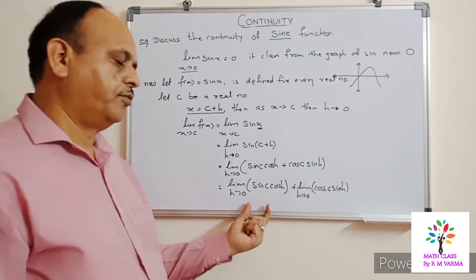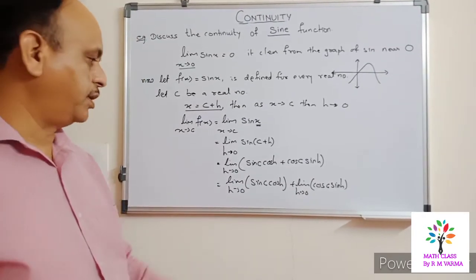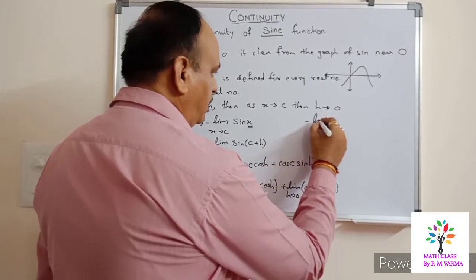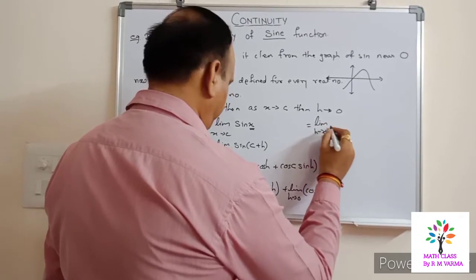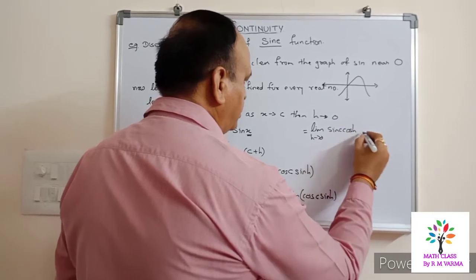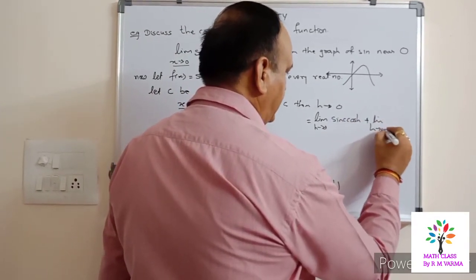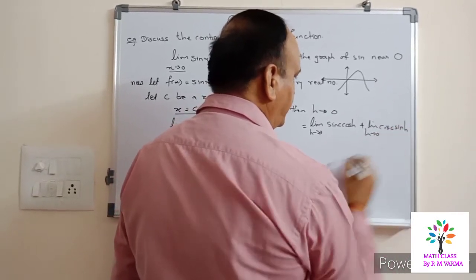Now finding out the limit for both these separated limits using the algebra of limits, we get limit h tends to 0, sin c cos h plus limit h tends to 0, cos c sin h.